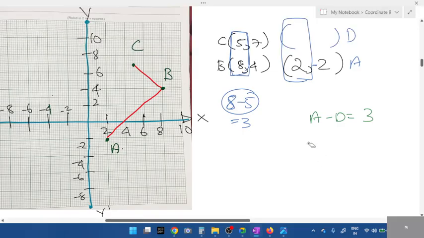A minus D is equal to 3. So if I subtract, in place of A, what should I write? 2. Minus D remains as it is. Respond. Next, the answer, what should you get, students? 3, right?